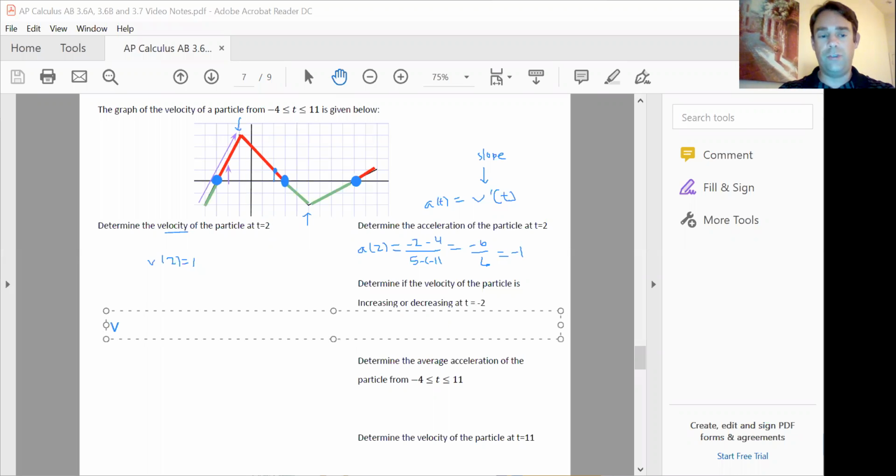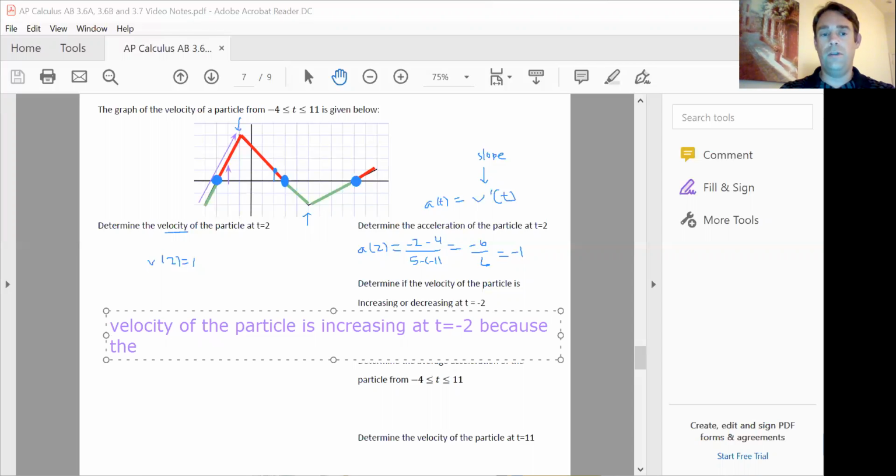So we would say the velocity of the particle is increasing at t equals -2 because either one of two things, right? v prime of t is greater than 0, or you can say v of t is increasing at t equals -2.